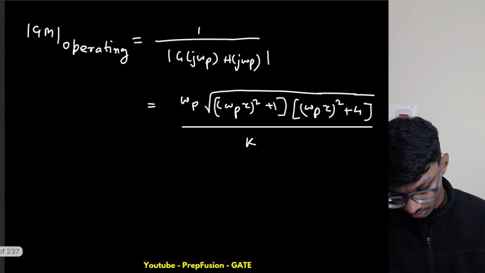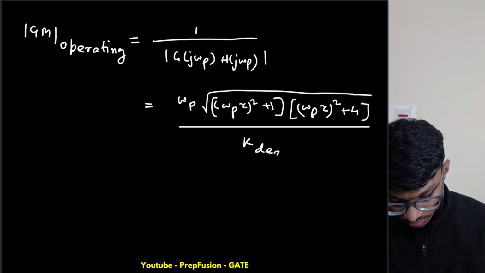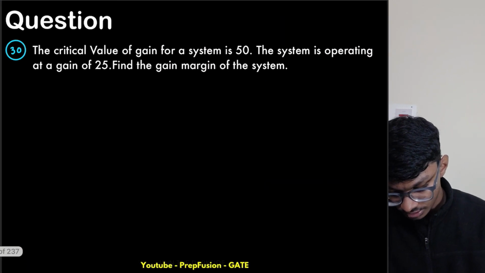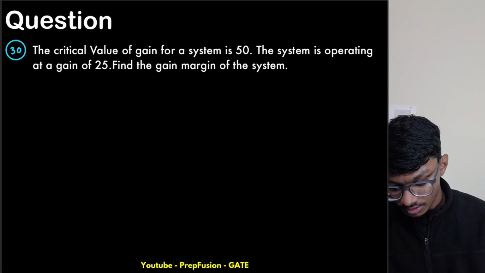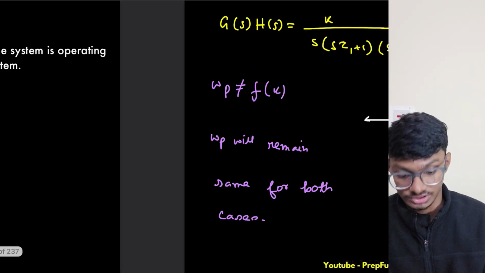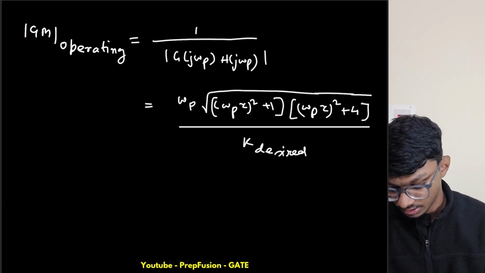So this time my K value is K desired. This is asking for the gain margin of the system. Basically, it is asking the gain margin at which my system is at, with the gain at which it is operating. So I have to find this GM operating. How to find this one? We'll find this one.